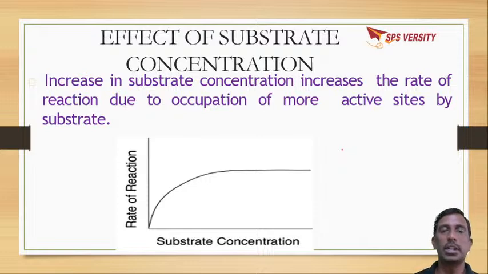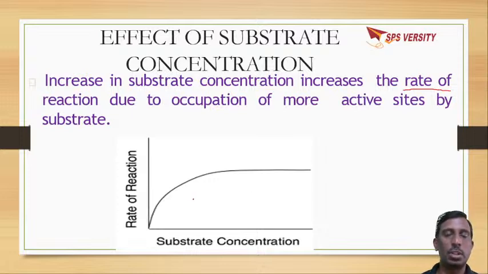So one we studied is temperature and another one is pH. And when it comes to the effect of substrate concentration, as we go on increasing the substrate concentration, the rate of reaction also increases. This is only up to some extent.